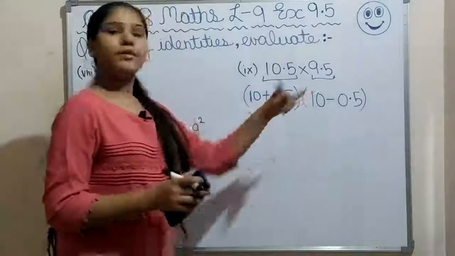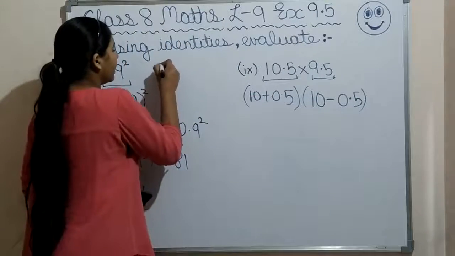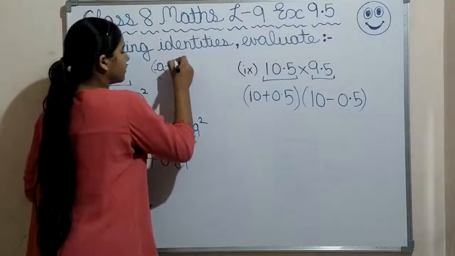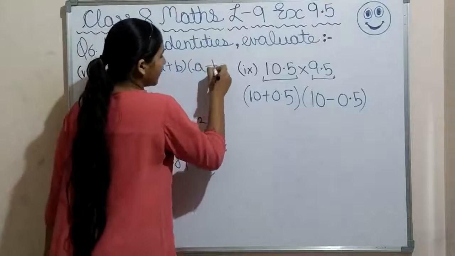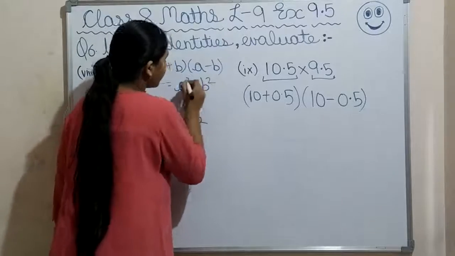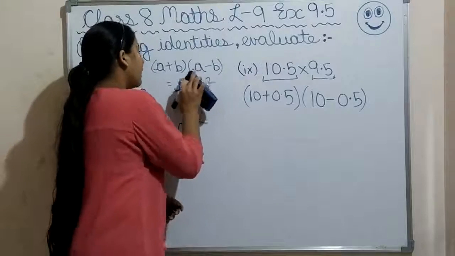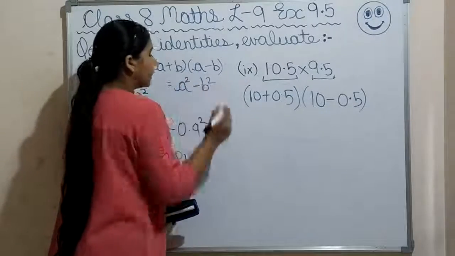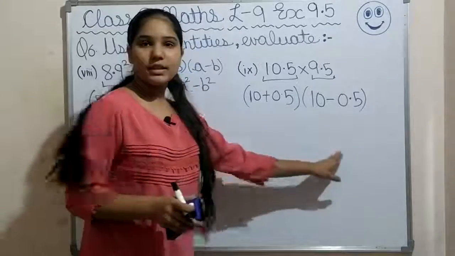Here we are going to use, I think, the third property: (a plus b) into (a minus b) is equal to a squared minus b squared. So a squared, a is this, and you can take either because they are the same.